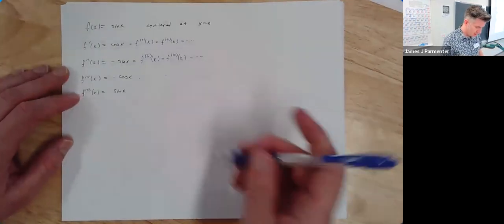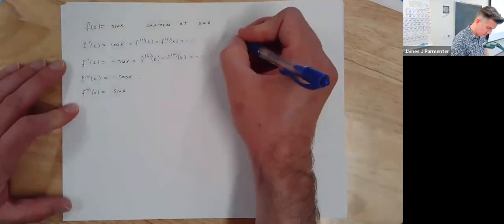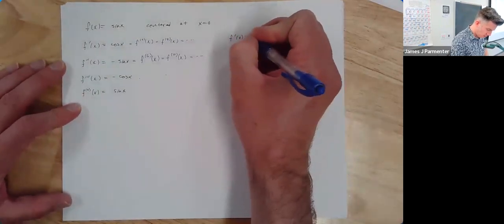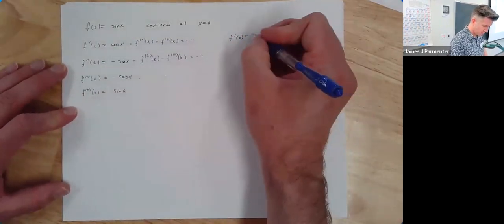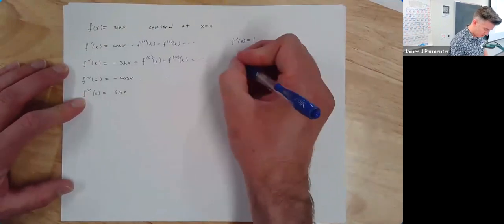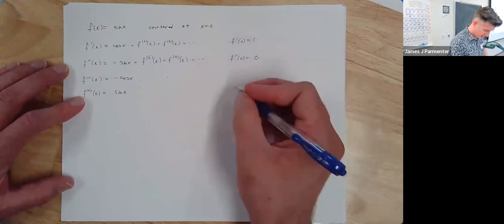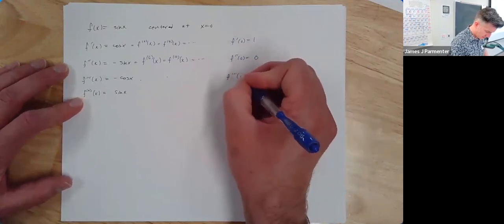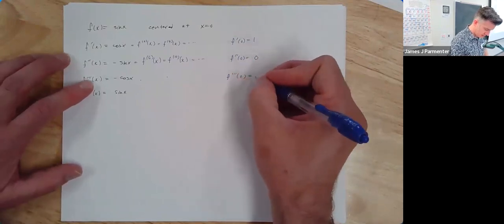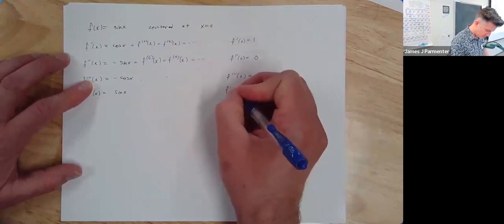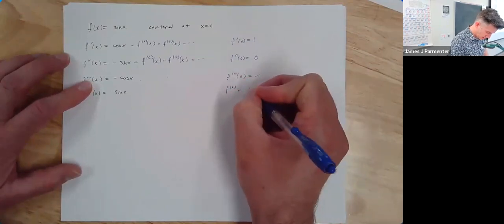So here what we can say is, I know that f prime of 0, well, cosine of 0 is 1. And f double prime of 0, sine of 0 is 0. F triple prime of 0 is negative cosine of 0, which is negative 1. And the fourth derivative is going to be 0 again.